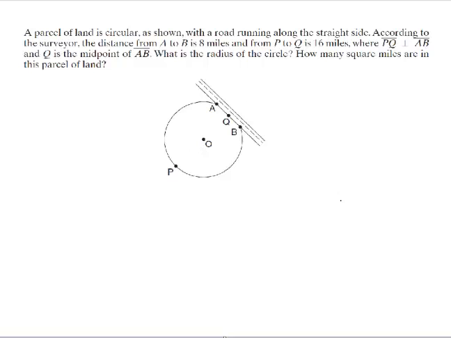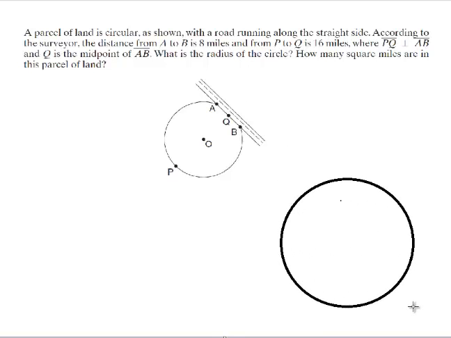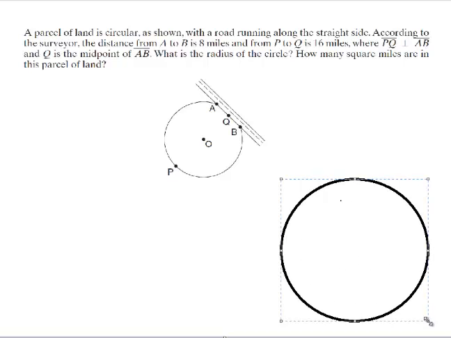I'm going to draw a different circle to make it a little more usable, so that we can put the numbers in. Let's draw AB as a chord. The road is shown over here, which makes you not able to see the edge of the circle, but let's draw it over here.